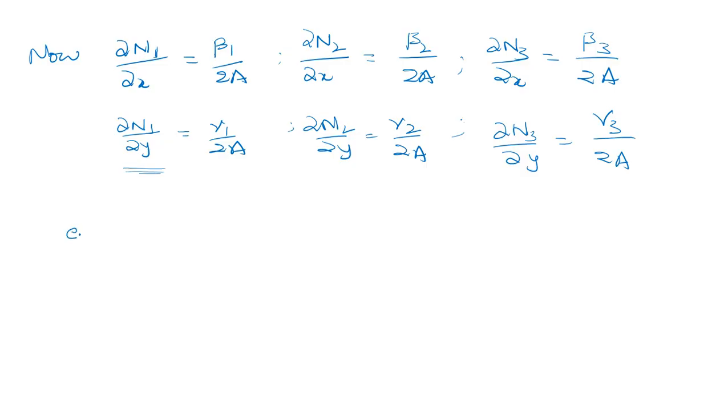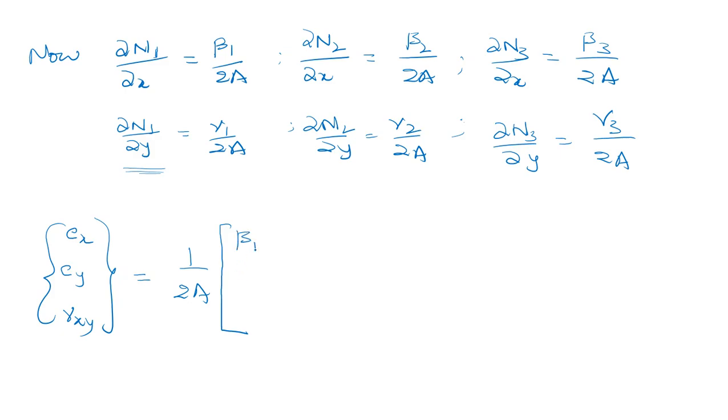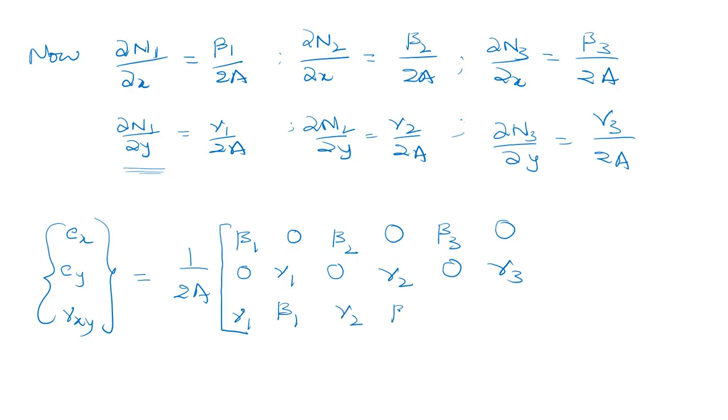Then we get strain in x, strain in y, shear strain xy equal to 1 by 2A, since 2A is common in all the parameters, times the matrix: beta 1, 0, beta 2, 0, beta 3, 0; 0, gamma 1, 0, gamma 2, 0, gamma 3; and finally gamma 1, beta 1, gamma 2, beta 2, gamma 3, beta 3.